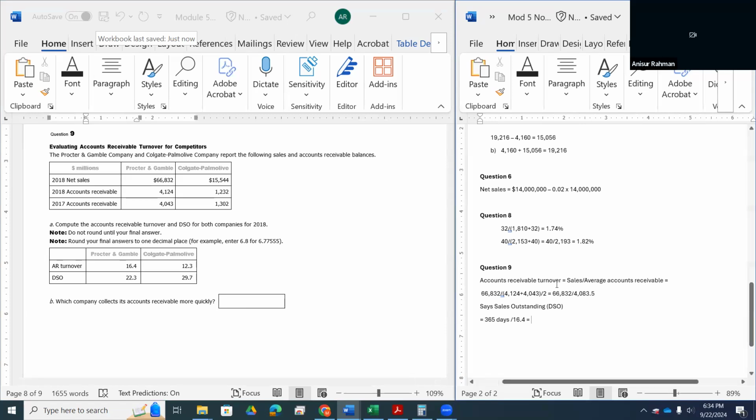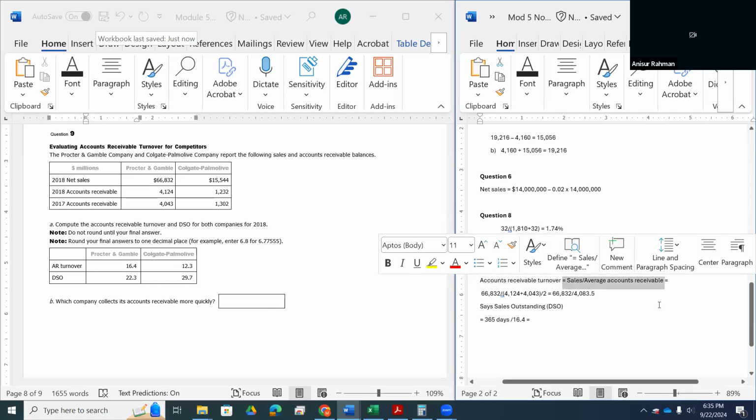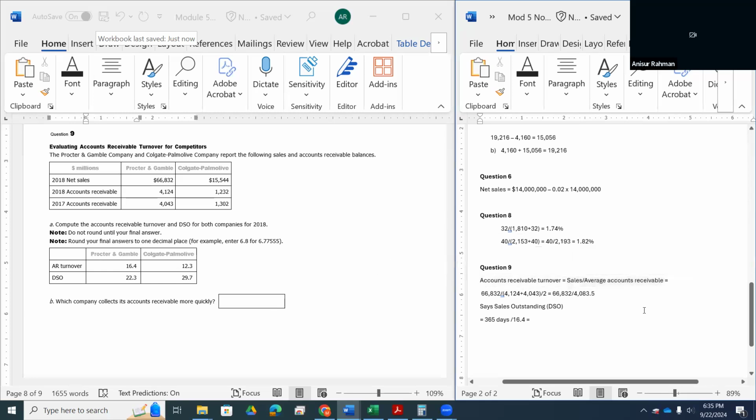So if average accounts receivable turnover ratio is low, that means you have more average accounts receivable relative to sales than you'd prefer. So if this ratio is low, you have more accounts receivable, which you do not want.